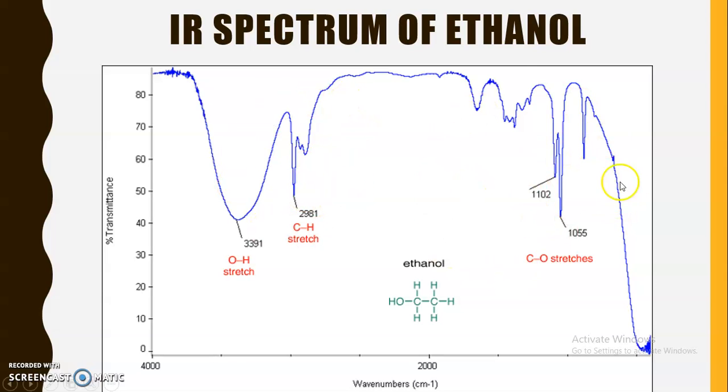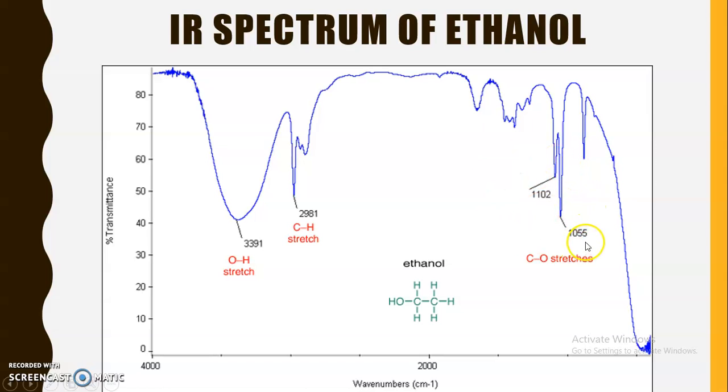This region is also known as the bending region, because the peaks arising in this region are due to the bending vibrations present in the molecule. Though we get many peaks in this region, some peaks are very characteristic.